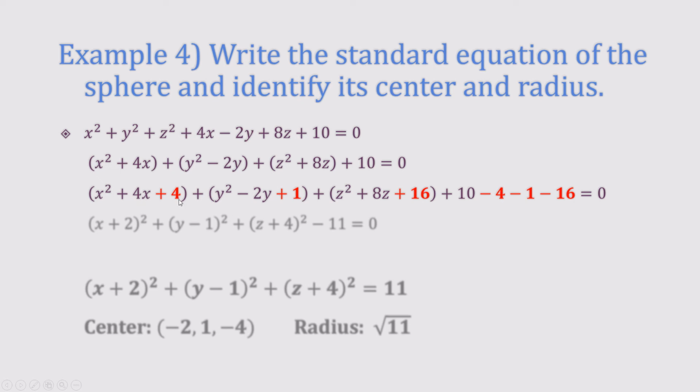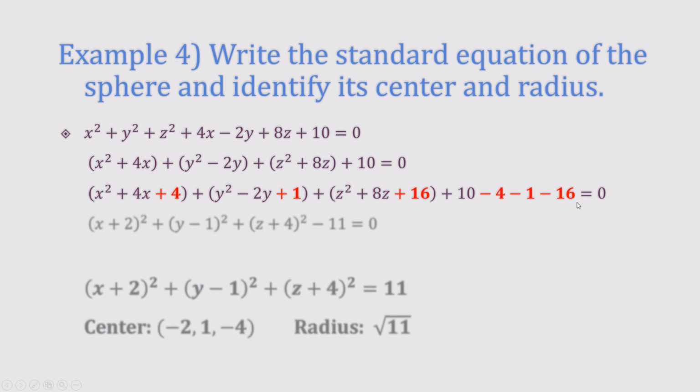There's no coefficient out in front here, so to balance out adding 4, we subtracted 4 here. For our y terms, half of negative 2 is negative 1. Negative 1 squared is positive 1. And to balance out that positive 1, we're going to subtract 1 out here. For our z terms, half of 8 is 4. 4 squared is 16. And to balance that out, we're subtracting 16 on the outside of the parentheses.